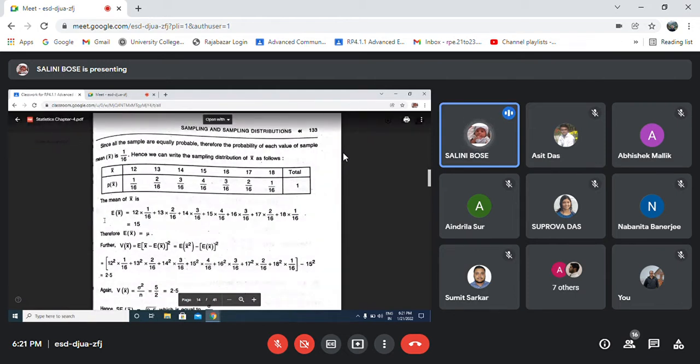So E of x bar, we know the formula E of x equals summation of x px. So here E of x bar is equal to summation of x bar px bar.